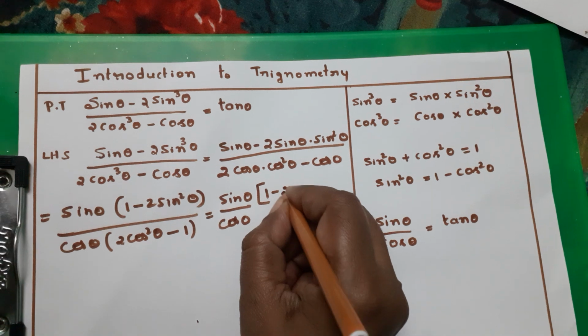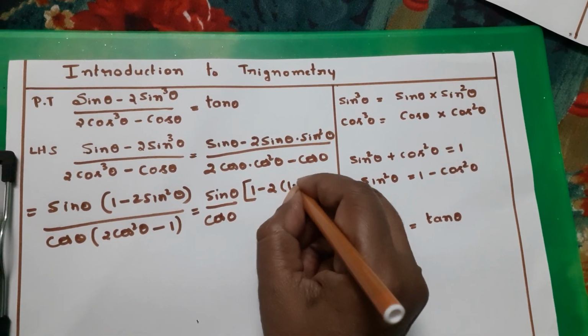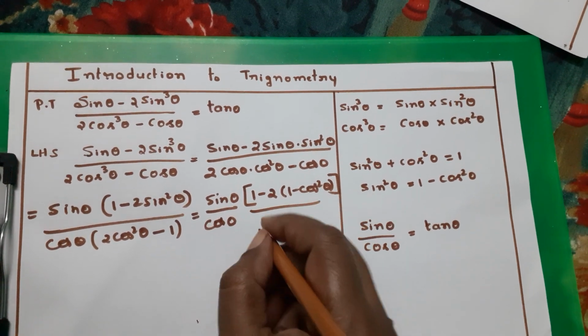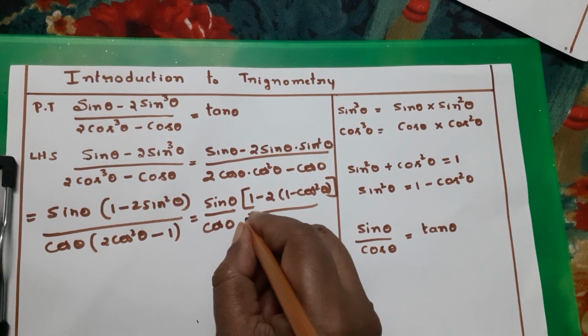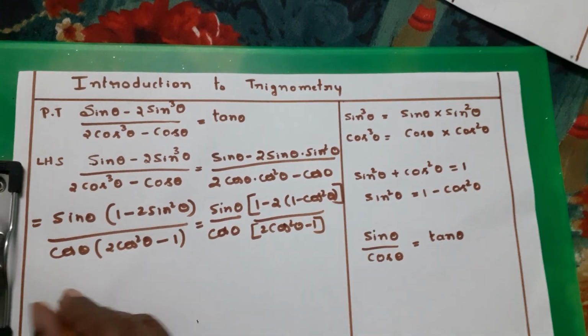1 minus 2, write as it is. Sin square theta is equal to 1 minus cos square theta. Close the bracket. You write 2 cos square theta minus 1 as it is.